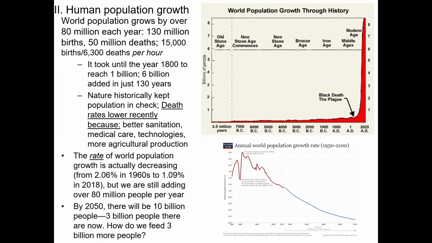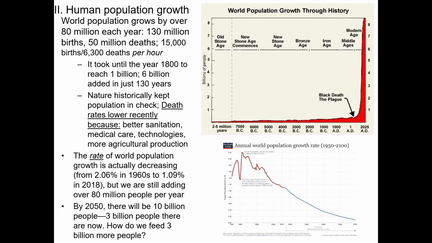Now, that being said, the actual growth rate is decreasing. While we keep adding more and more, the population is growing exponentially, the rate of growth has been declining over the past few years.